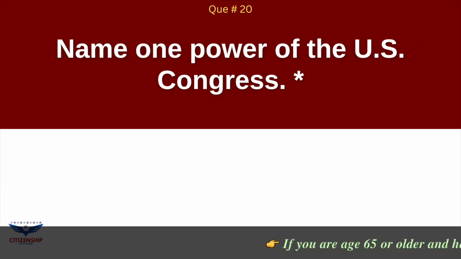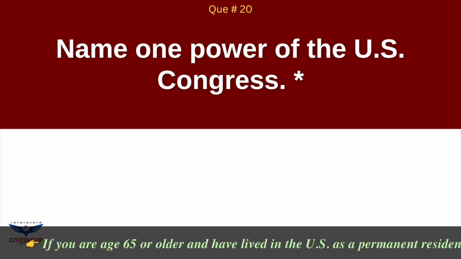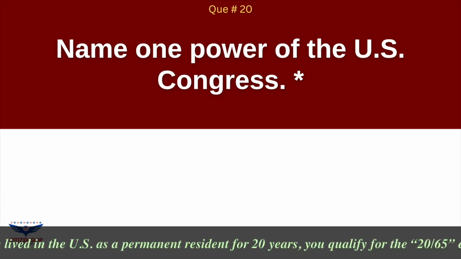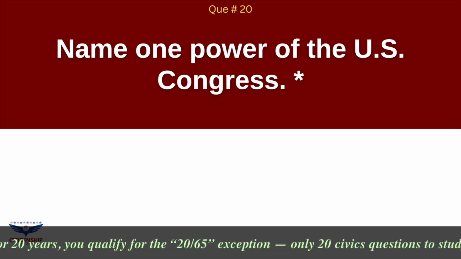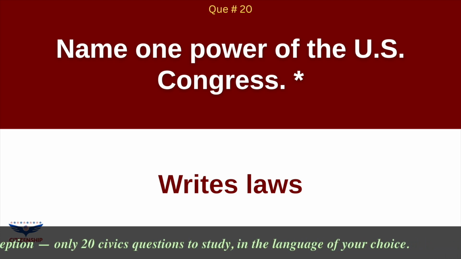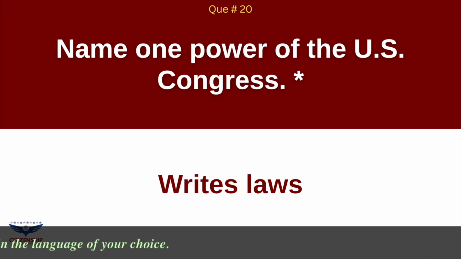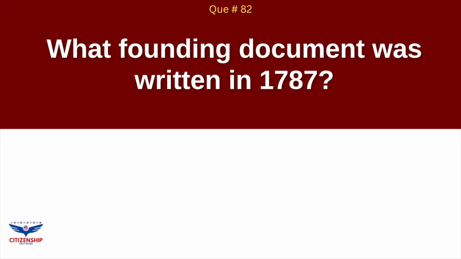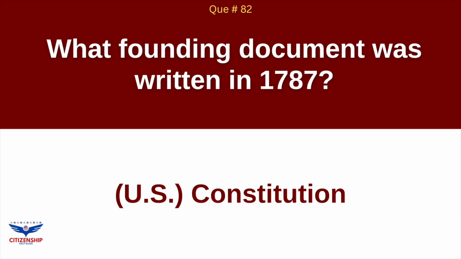Name one power of the U.S. Congress. Rights laws. What founding document was written in 1787? U.S. Constitution.